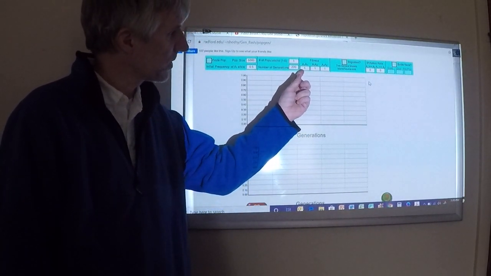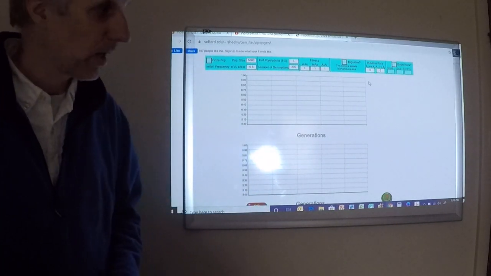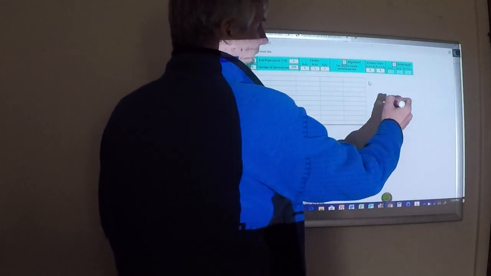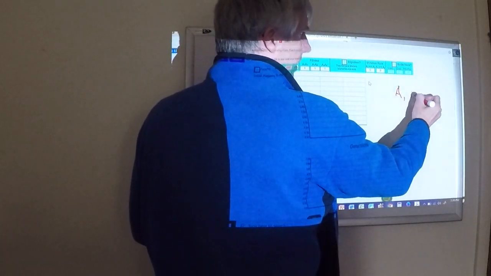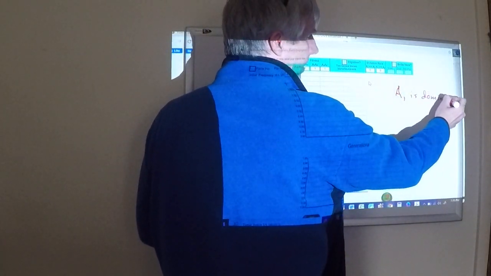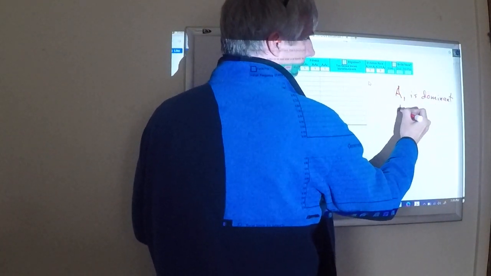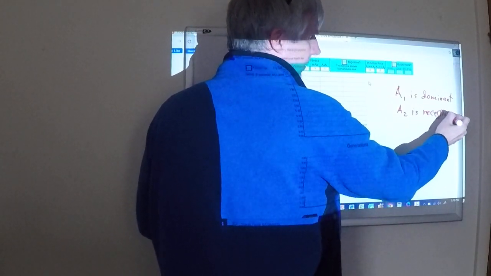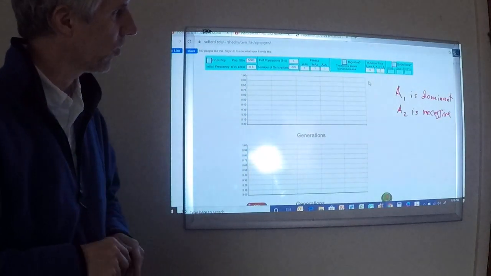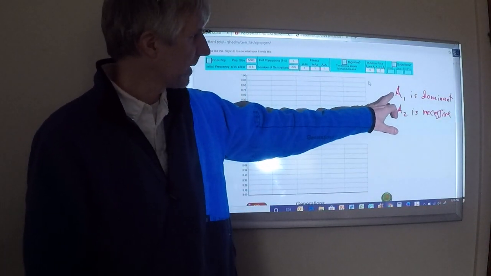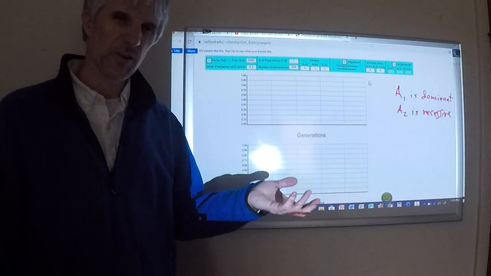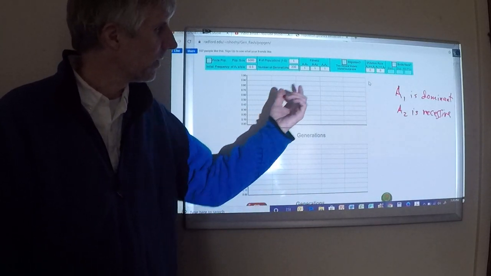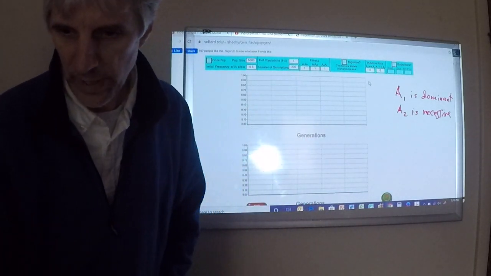I'm going to start out initially assuming that A1 is dominant and A2 is recessive. So I'm going to start out by saying that this dominant allele is not a very good allele to have. The recessive allele is much better.